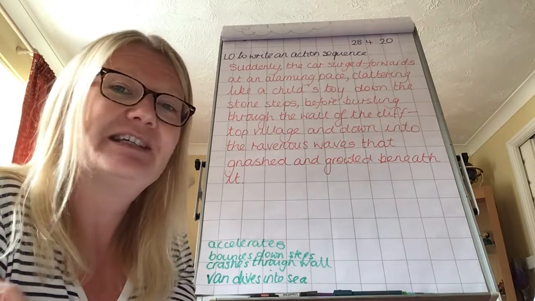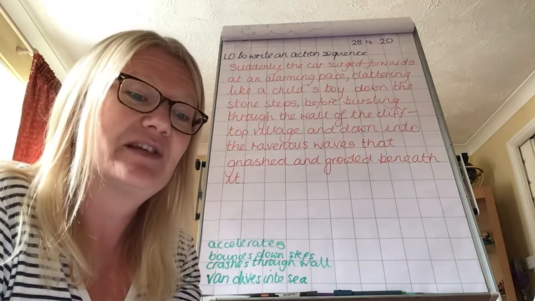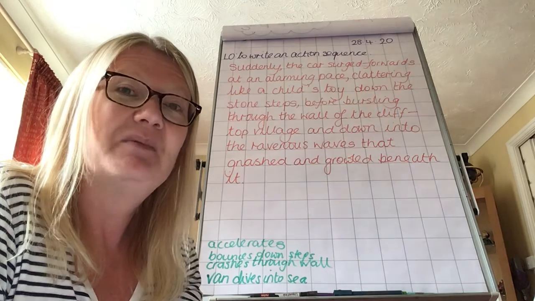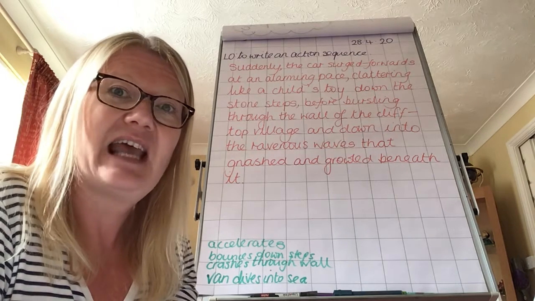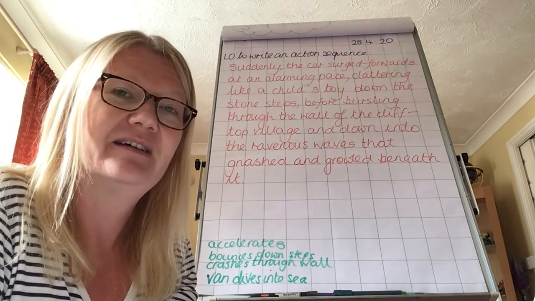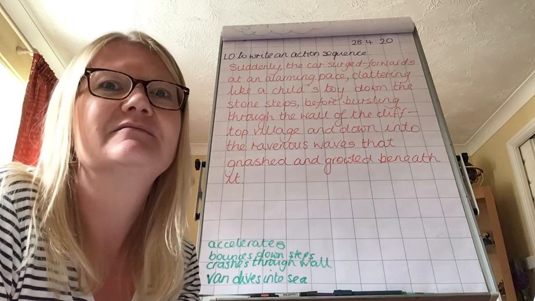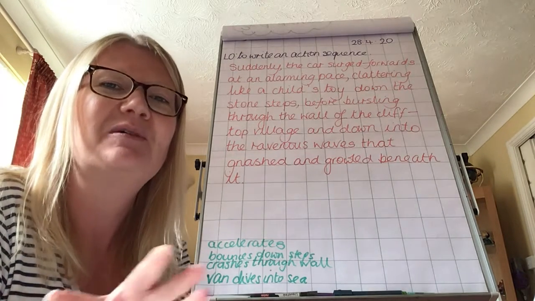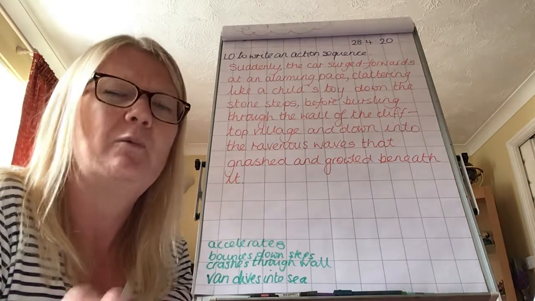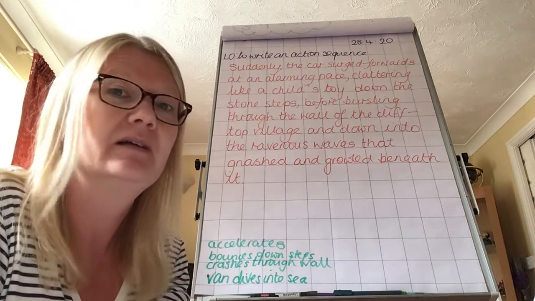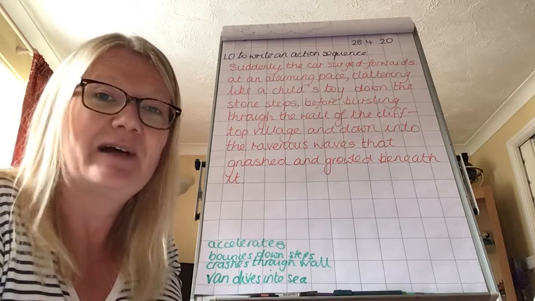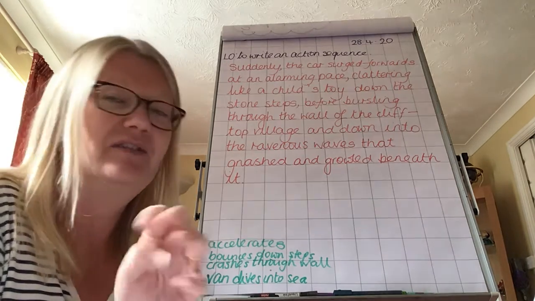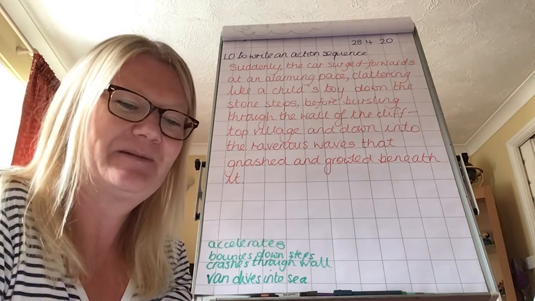Or if you're writing from the point of view of either of the octopuses, you get to the point where they've escaped the clutches of this driver and they're captured by a seagull. So depending on whose point of view you are writing from will be where your story finishes. Remember, the octopuses can't see what happens to the van and the driver can't see what happens to the octopuses.